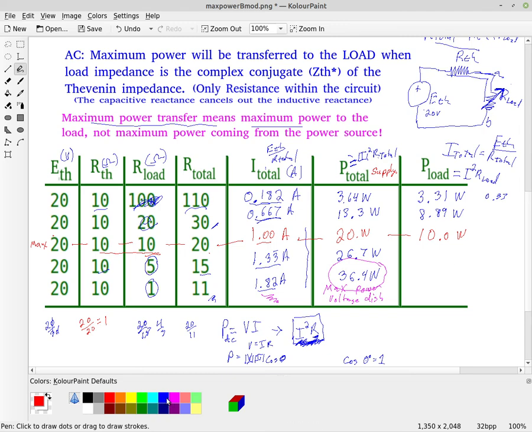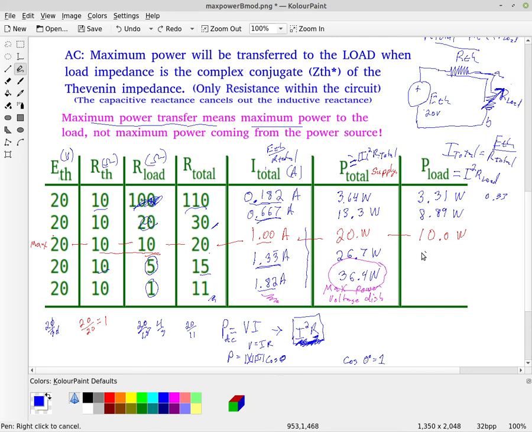All right, so let's look at the next case here then. We have 1.33 amperes, but our load is only 5 ohms. Our load has dropped down to 5 ohms, but our current has increased, so we got 1.33 amps.